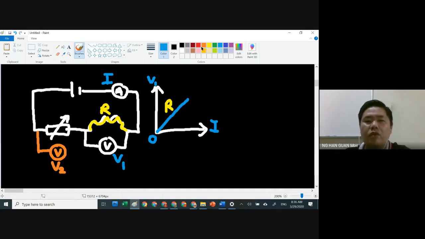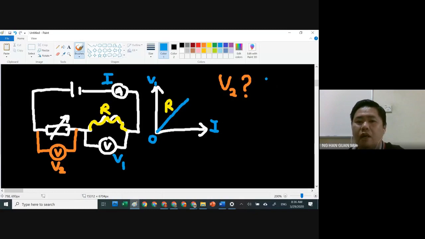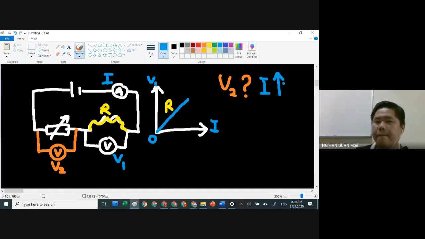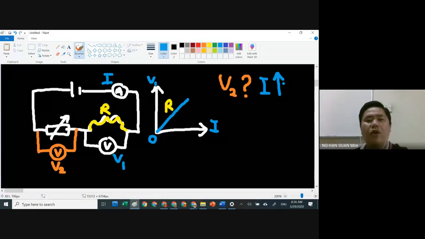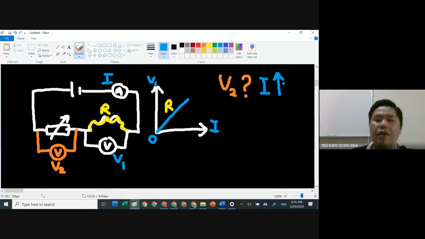So what happens to this V2, the voltage across it, when our current increases? Let's guess. What happens to this V2 when the current increases?